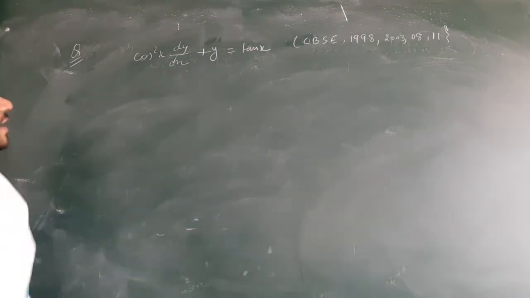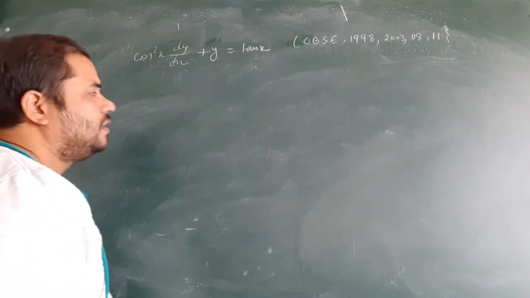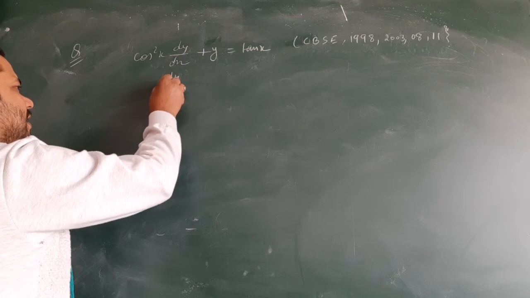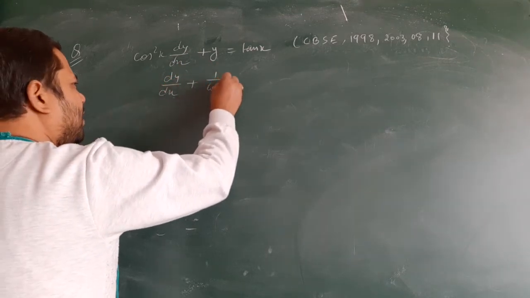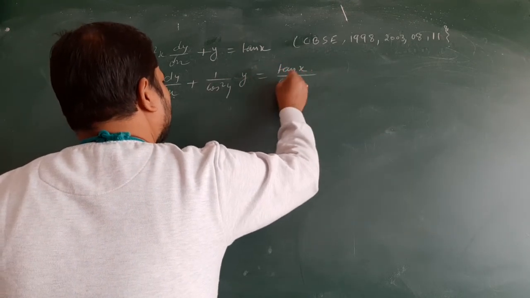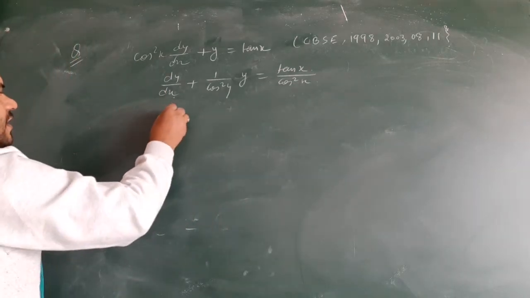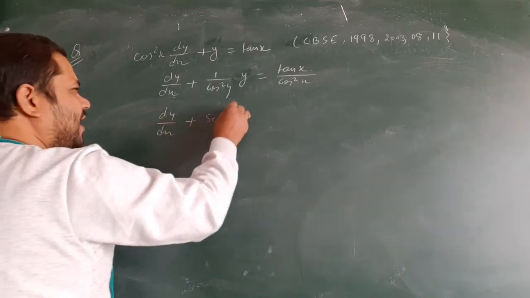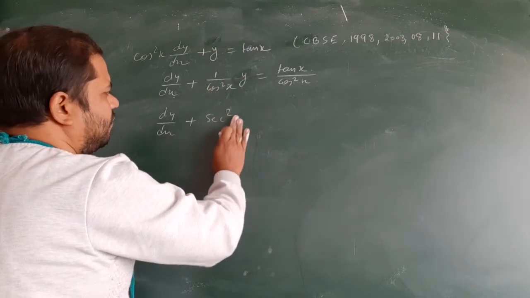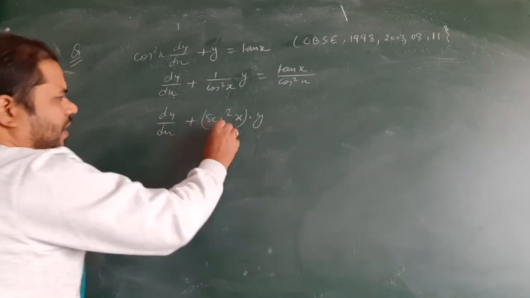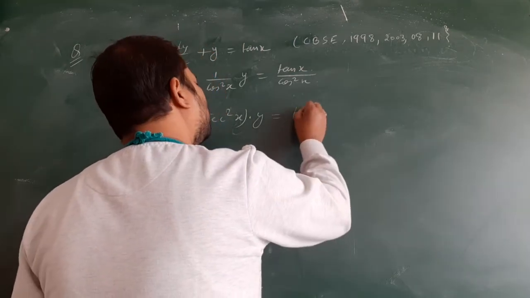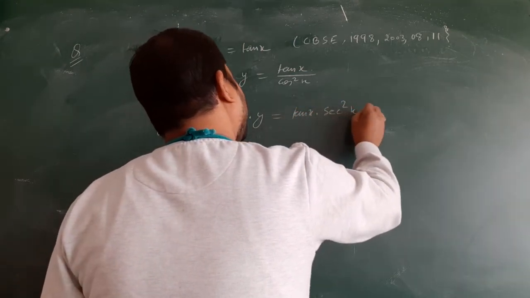First of all, we convert it into the form of a linear differential equation. So what is the form? See, dividing by cos square x, we will get dy by dx plus 1 upon cos square x into y is equal to tan x upon cos square x. So this is nothing but dy by dx plus sec square x into y is equal to tan x into sec square x.